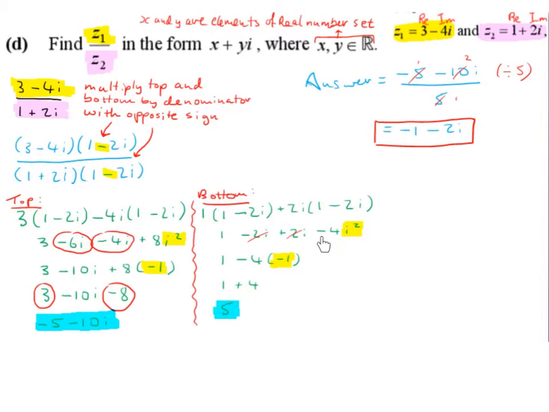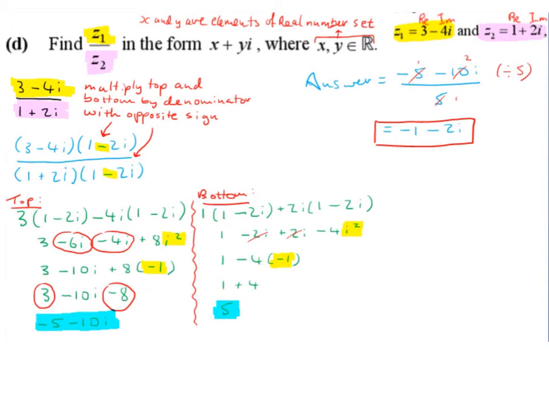A plus by minus is a minus, 2 by 2 is 4, i by i is i squared. We bring down the 1, minus 2i plus 2i cancels out, and the i squared becomes minus 1 with brackets around it. Minus 4 multiplied by minus 1 is plus 4. A minus by minus gives a plus. 1 plus 4 is 5. So our denominator multiplied out to give us 5.